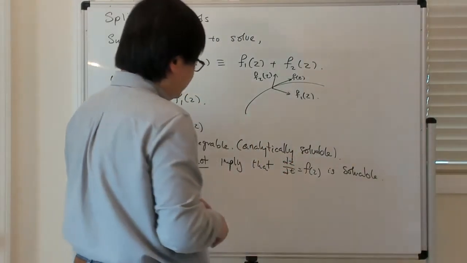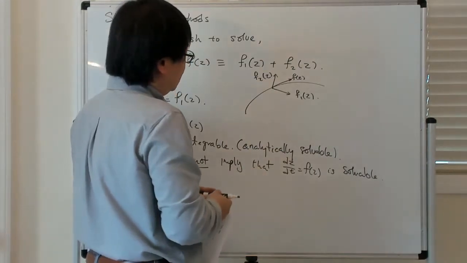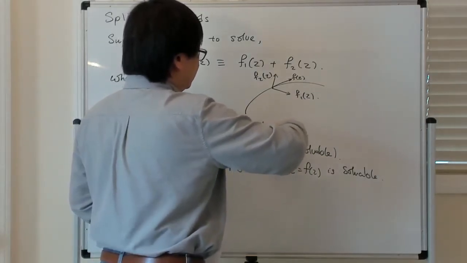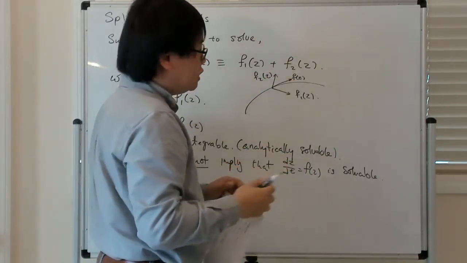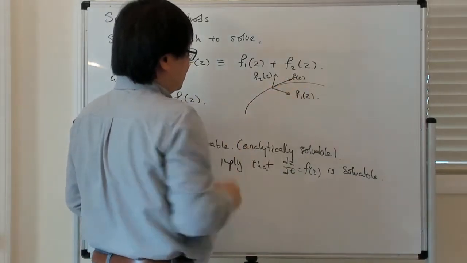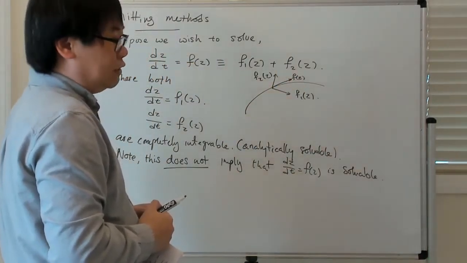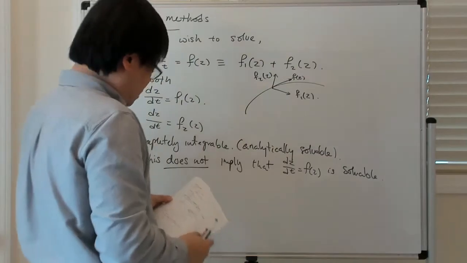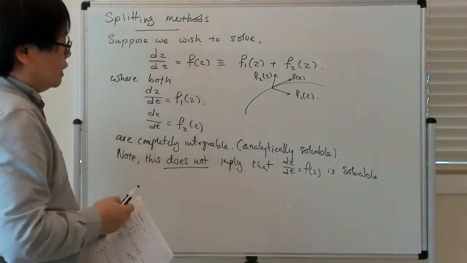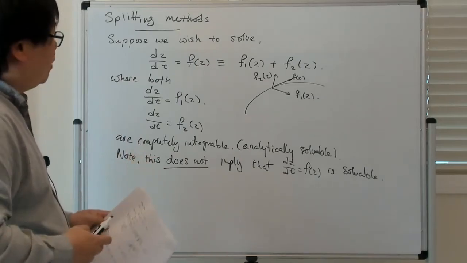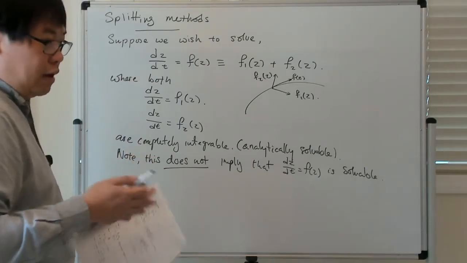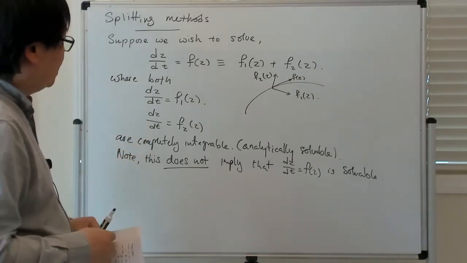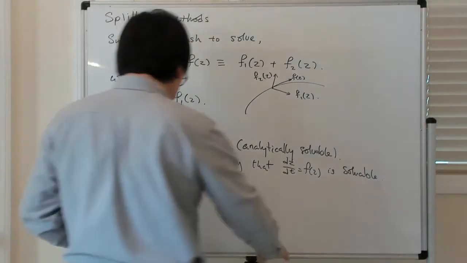And the intuition, if you will, of what splitting methods are, is to try to take compositions of the individual flows associated with f1 of z and the individual flows associated with f2 of z and compose them in such a way that you can approximate the solution of z dot equals f of z, right, which is the sum of these things. Okay, and so let's look at a simple case to get a sense as to what happens when you try to do that, and what basically prevents it from being the exact solution, if you will. Okay.